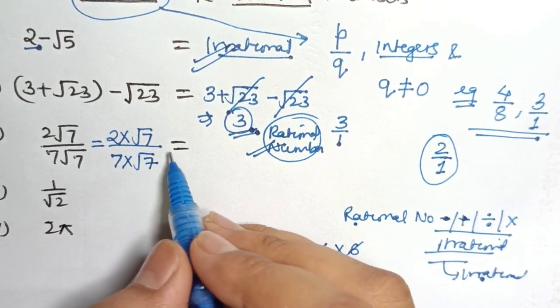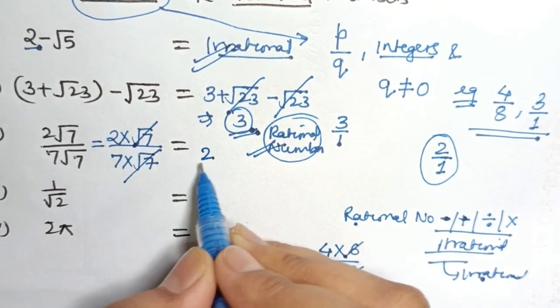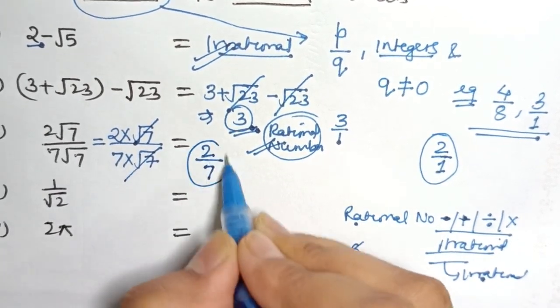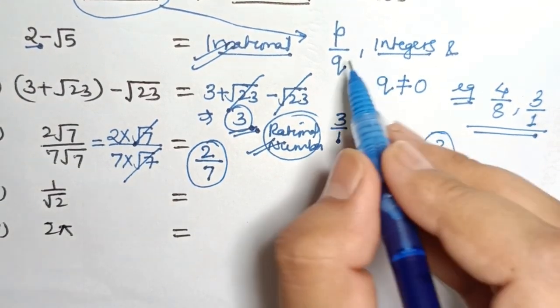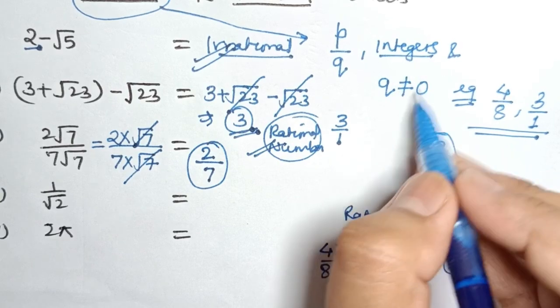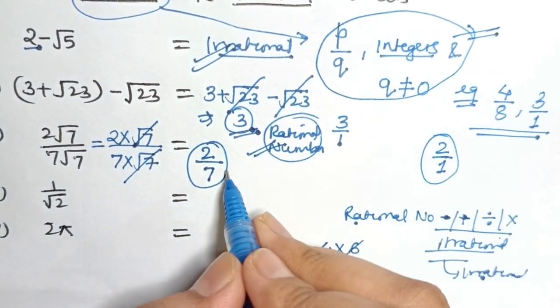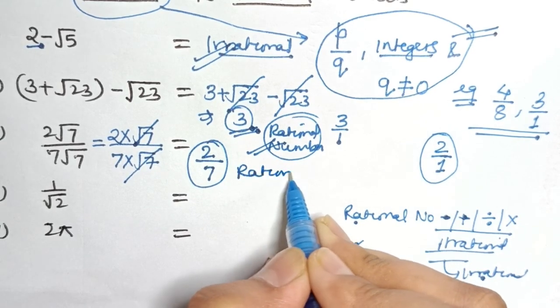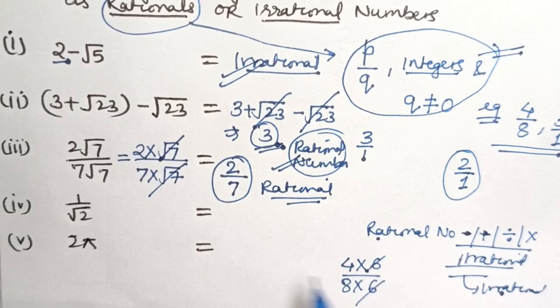The same case applies here also. So root 7 will cancel out, and you will have 2 upon 7. 2 upon 7 is in the form of p by q. It is an integer as well, and q does not equal 0, that is, the denominator is not equal to 0, so hence it is a rational number only.